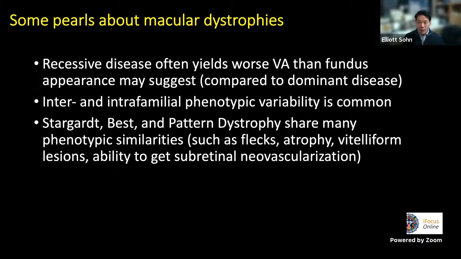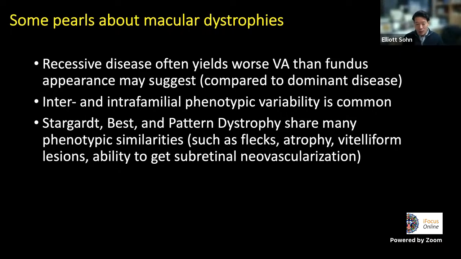So the three macular dystrophies that look the most alike are Stargardt disease, Best's disease, and pattern dystrophy. They have a lot of phenotypic similarities. They can all have flecks in the macula. They can all have atrophy to varying extent, vitelliform lesions.